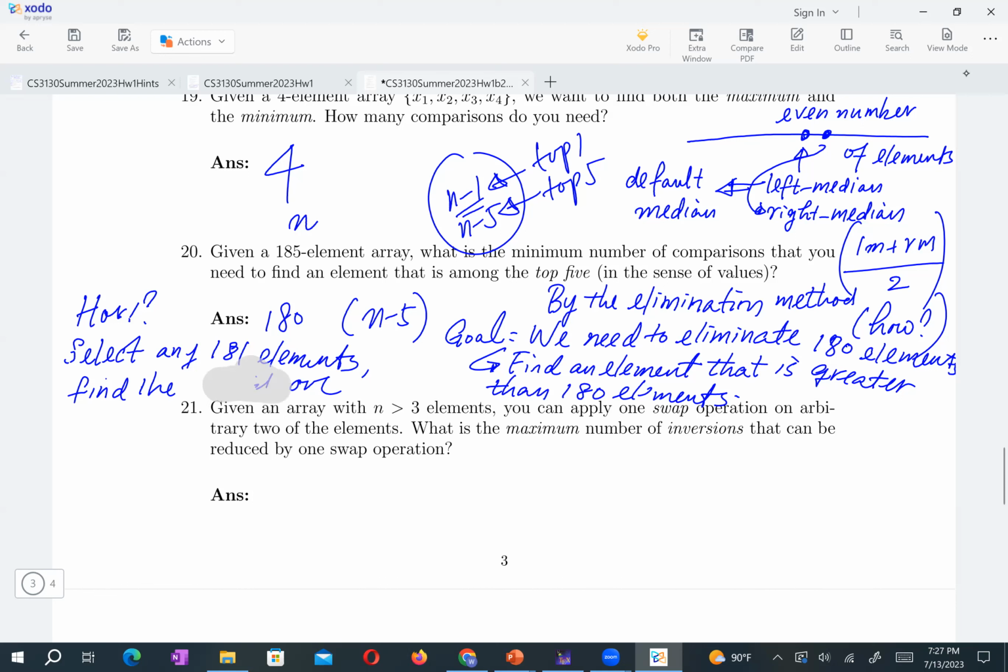One element, the largest one. That's the one we need, because the 181, the largest one, is greater than the remaining 180.